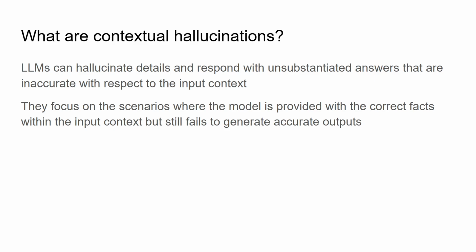So maybe the input context said, summarize this given piece of article, and the model summarized it, but it converted the facts to something which is not true or something which is not present in the input context. So in this paper, they focus on the scenarios where you give the model correct facts within the input context, but still the output is not accurate. So some of the tasks they cover are like that. We'll go over that soon, but at a high level, this is what contextual hallucinations are.